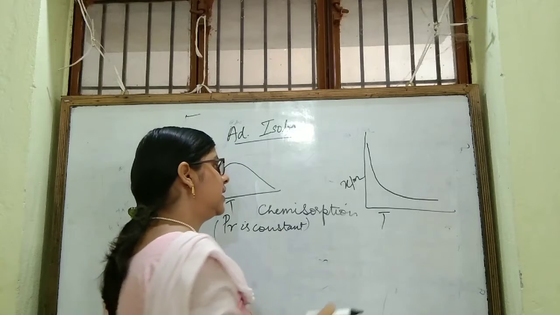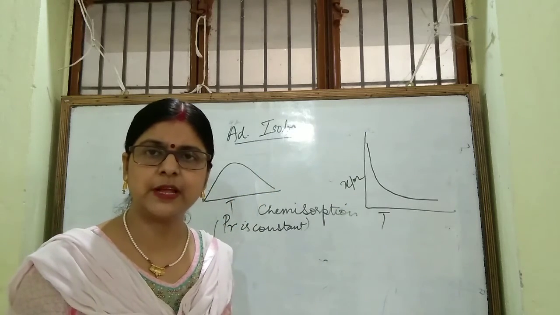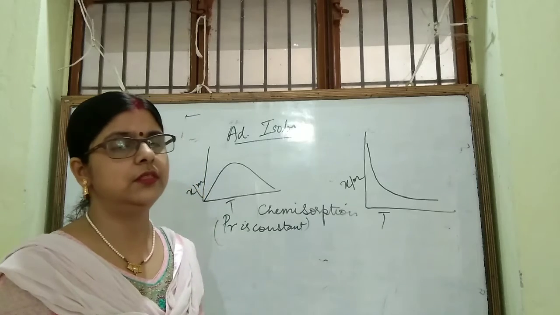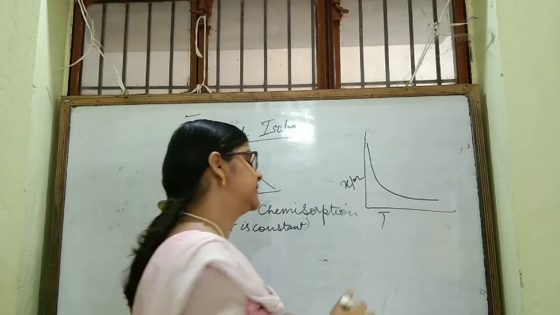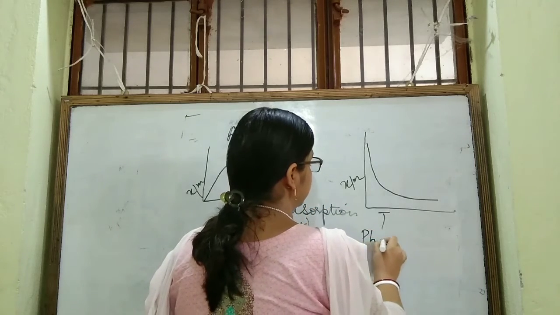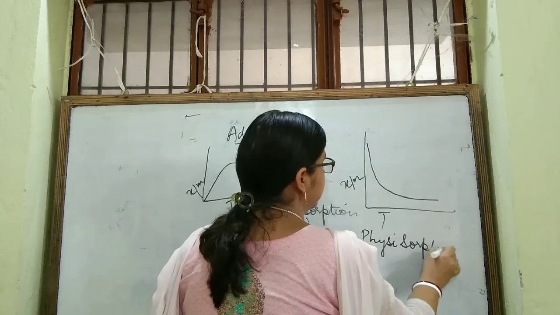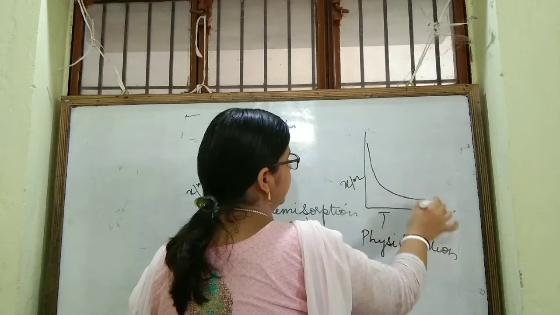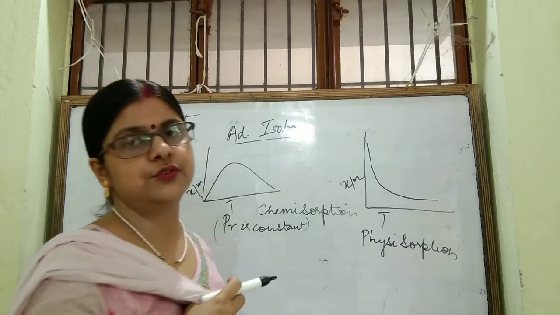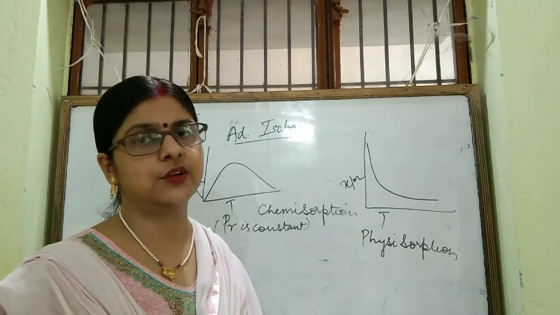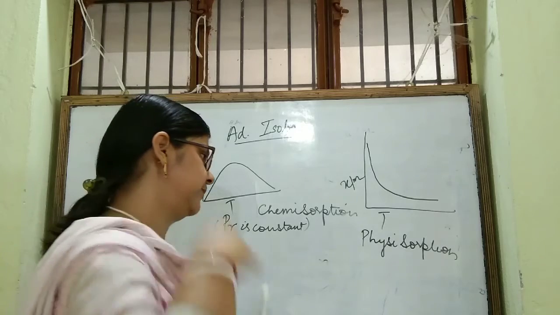But for physisorption, we know that no chemical reaction takes place, so from the beginning we can see the effect that with the increase in temperature, the rate of adsorption decreases. So this is all about adsorption isobar and adsorption isotherm.